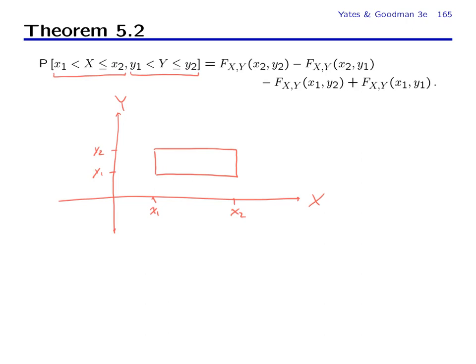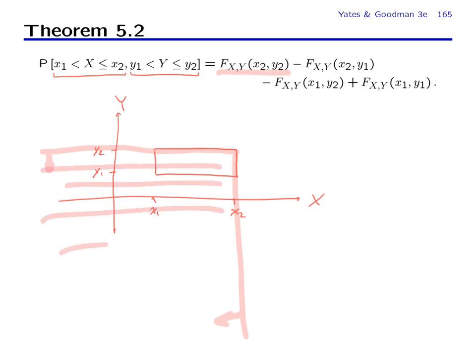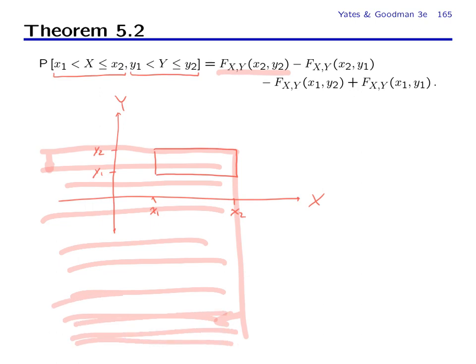The first step is to say, well, it's the probability that x is less than or equal to x2, and y is less than or equal to y2. So we're calculating the probability we're in this box. So this is counting the probability we're anywhere in this pink shaded box.